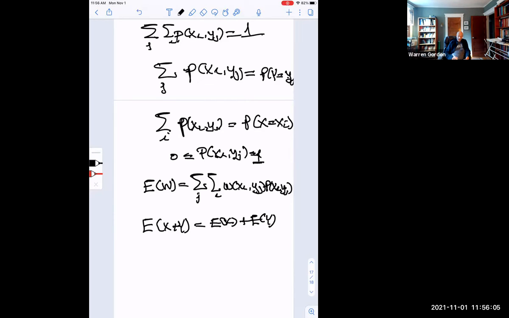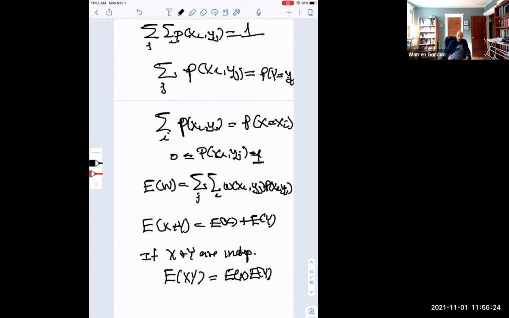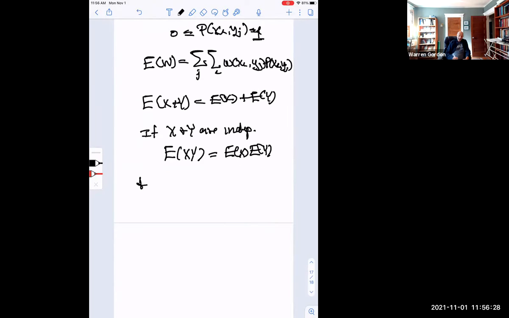And then if X and Y are independent, then it follows that E of XY equals E of X times E of Y. And in that case, what I call the covariance, which I'm going to redefine in a section or two, which is E of XY minus E of X E of Y, will be 0.